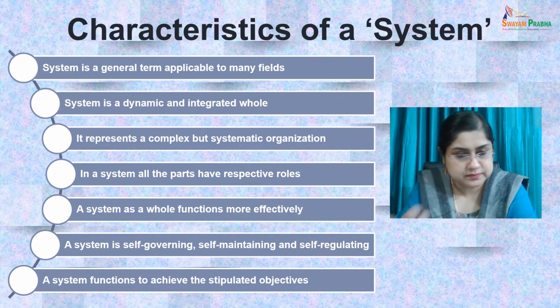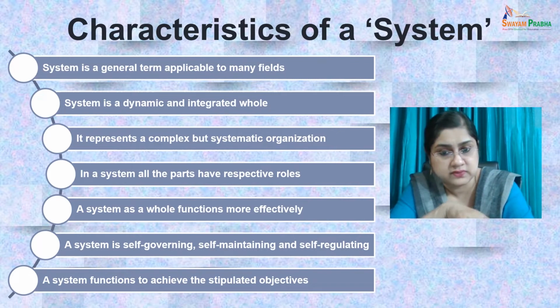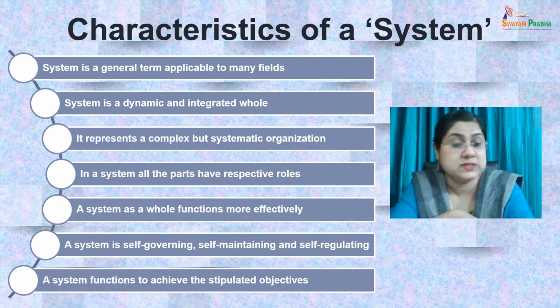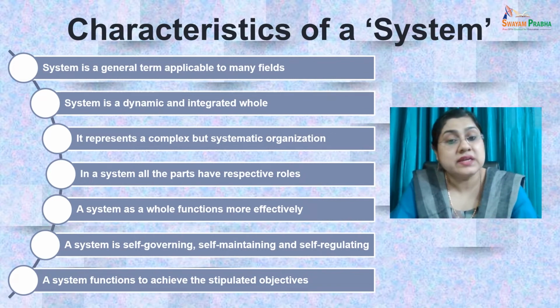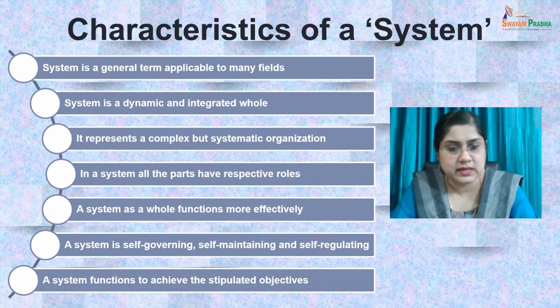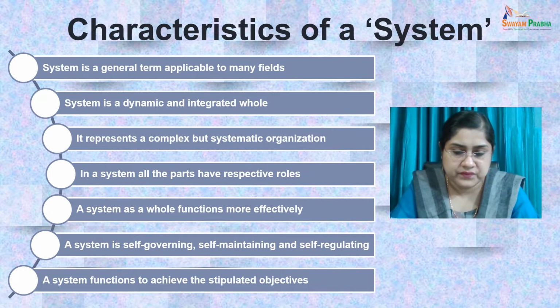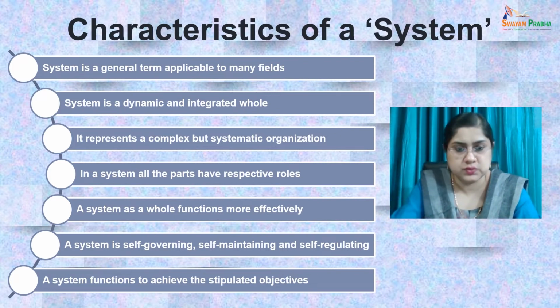Then, in a system, all the parts or elements have their respective roles, which have to be specified in relation to each other and in relation to the purpose which is to be achieved by the entire system. As we have seen in the earlier point, every person working in an organization has some duties.